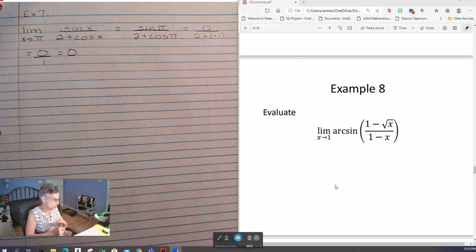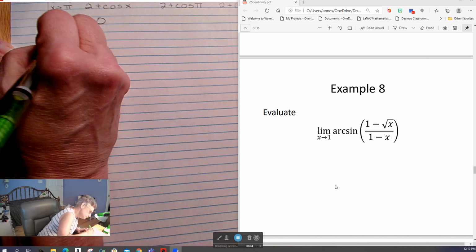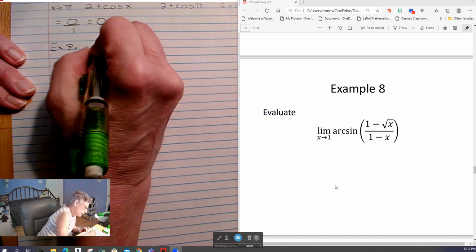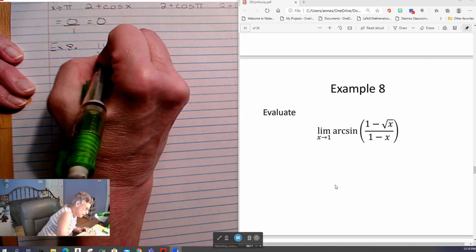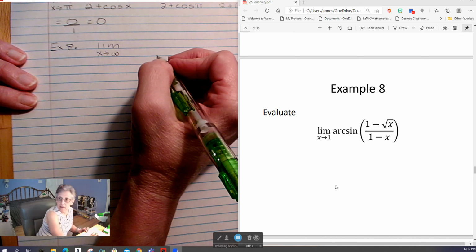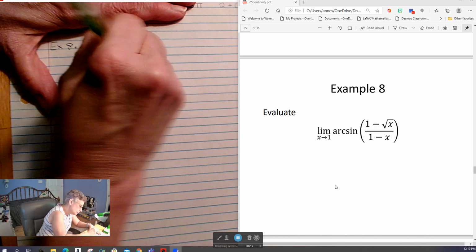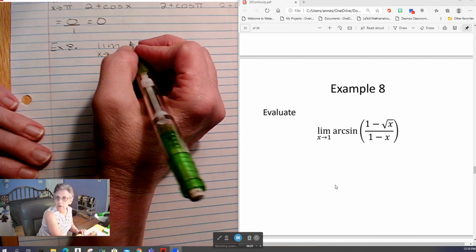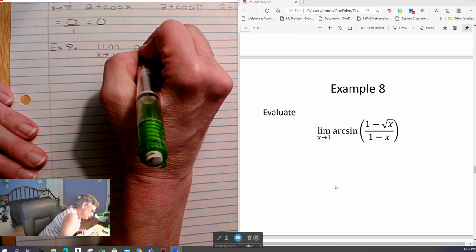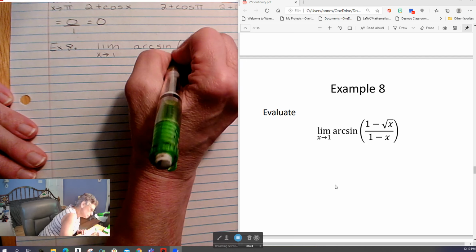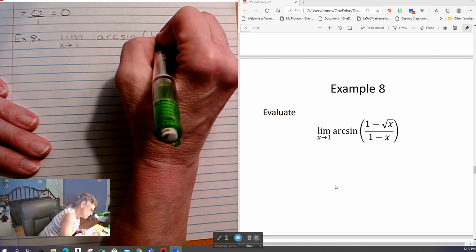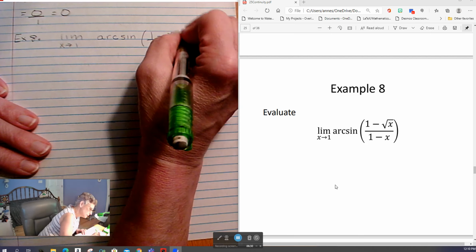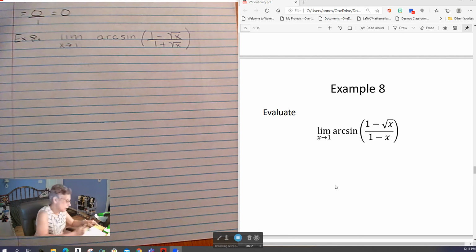So let's look at example 8. We have the limit as x approaches 1, not infinity, of the arc sine of 1 minus square root of x over 1 minus x.